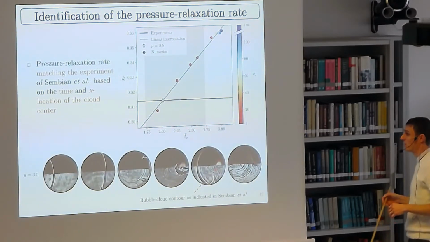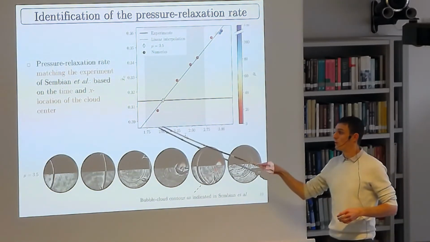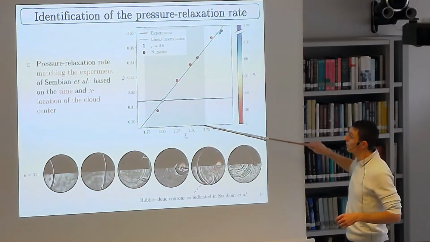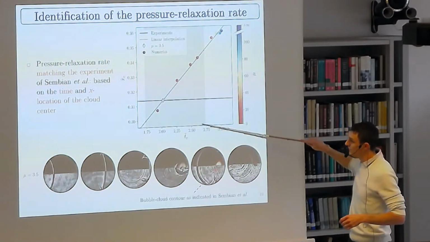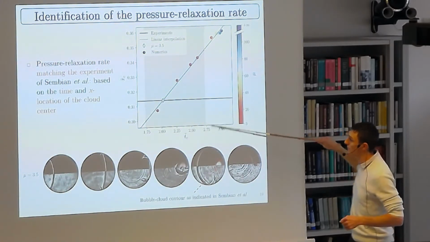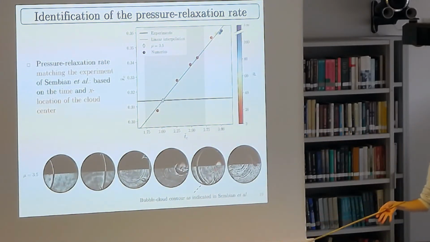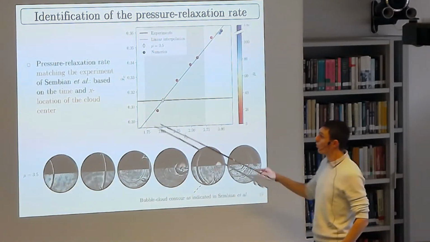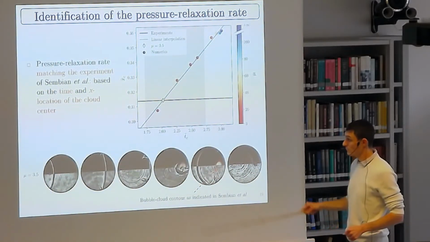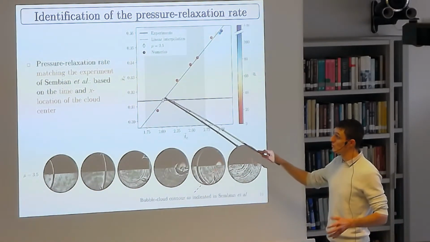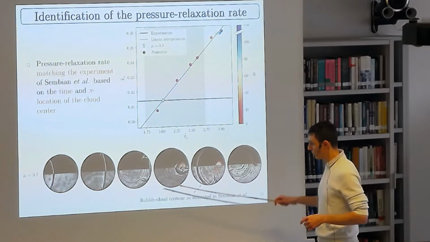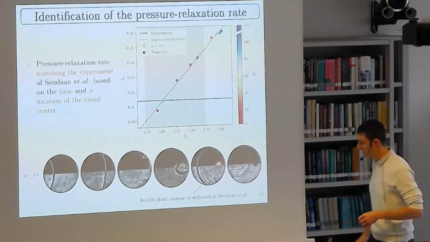By using the experimental data, we have some time frame, so we know that the cloud must be between these two timestamps. These times are just the time resolution of the experiment. And we also know the location of the cloud by looking at the experiments. So we found that mu should be about 3.5. And if we do so, then we are able to recover the exact same dynamic.